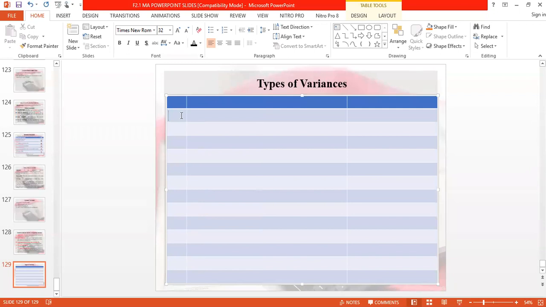Number one, we have what we call sales variance. There are two types of sales variance: 1.1, sales price variance, and 1.2, sales volume variance.